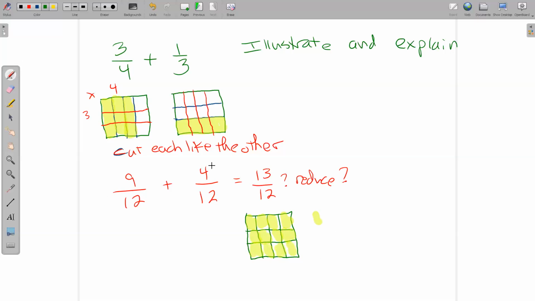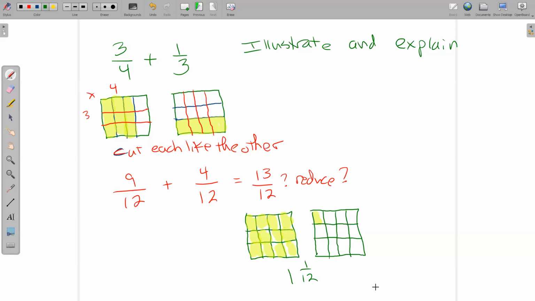I ran out of room, so I got to draw another cake. So I can also see, instead of calling it 13 12ths, I could also call it 1 and 1/12.